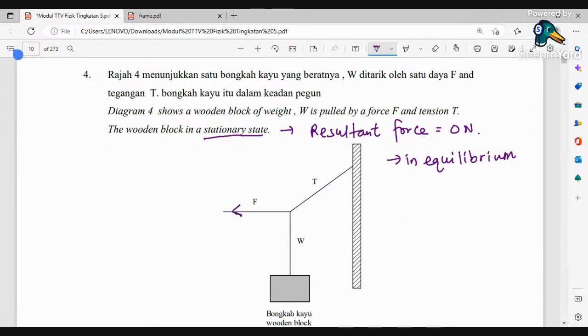There's a pulling force here, so I just mark the direction like this, weight downward. This is the tension of the string, pulling by F causes it to be at rest. It means at this situation, forces are in equilibrium, or resultant force equals 0.